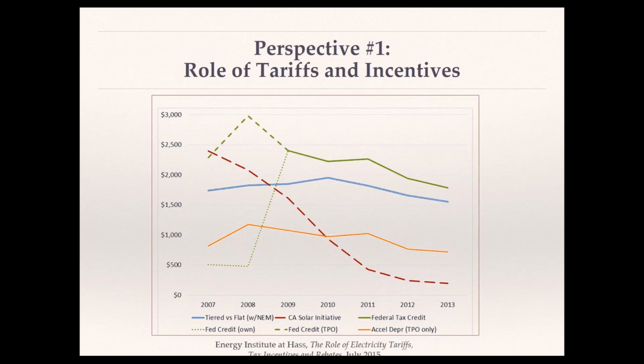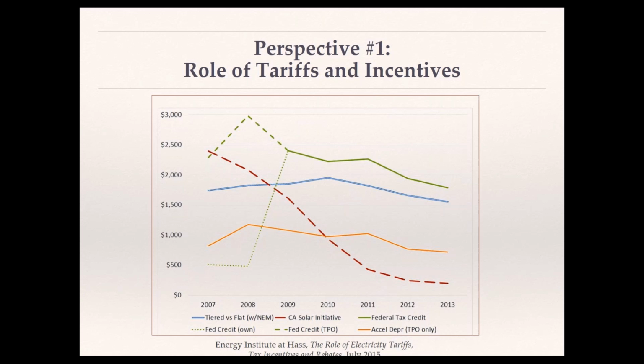And these are NEM values for the exported energy. It's the value of that exported energy above the averaged utility price. So this NEM value for peak pricing represents a really significant input into that equation. Additionally, on the chart, shown by the orange line, is the role of accelerated depreciation.